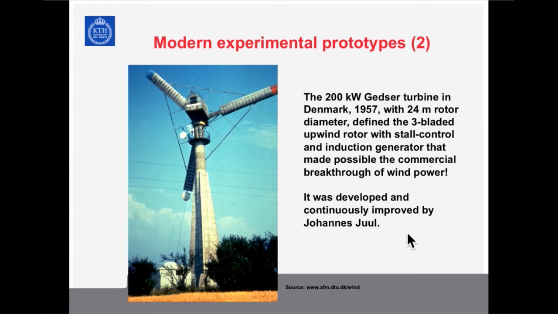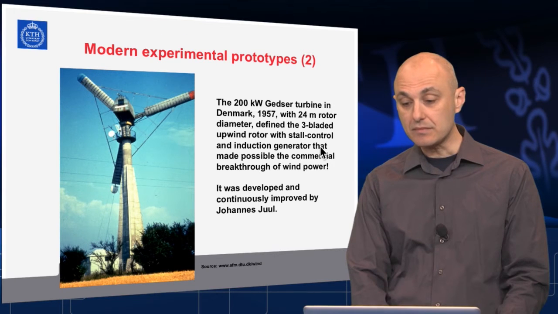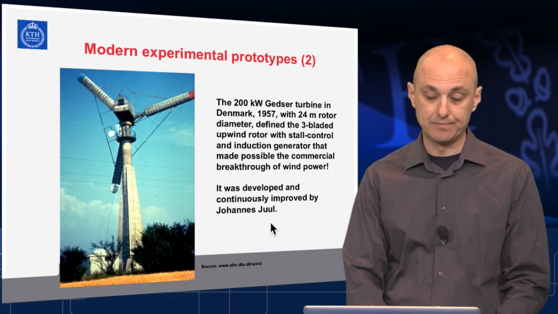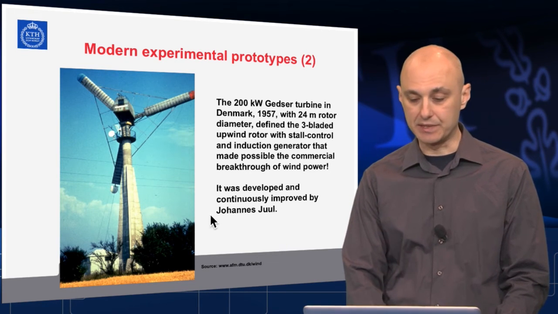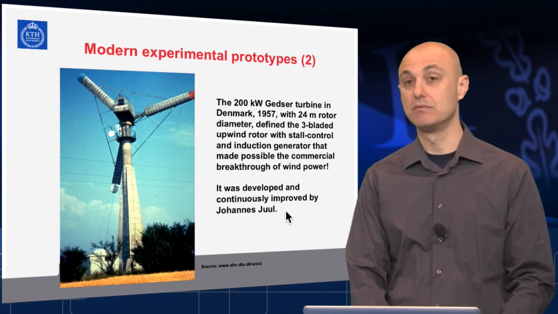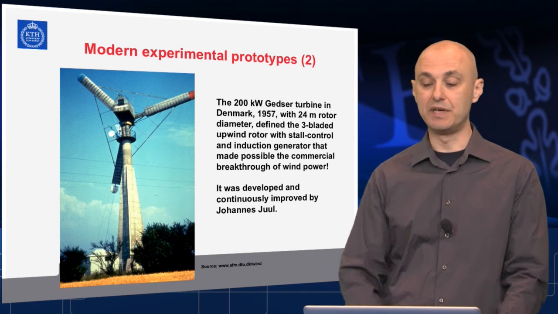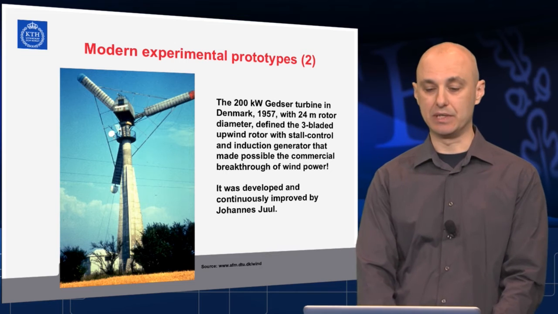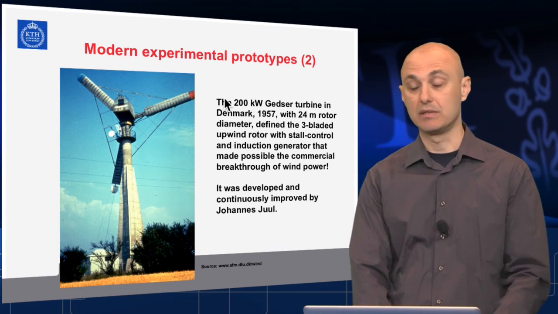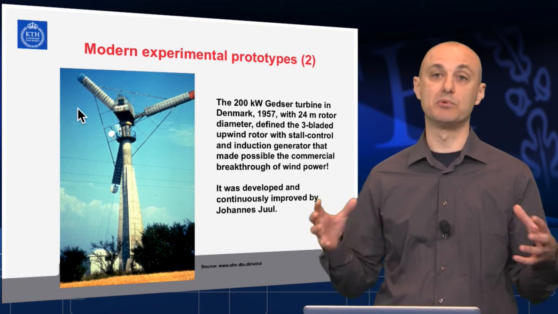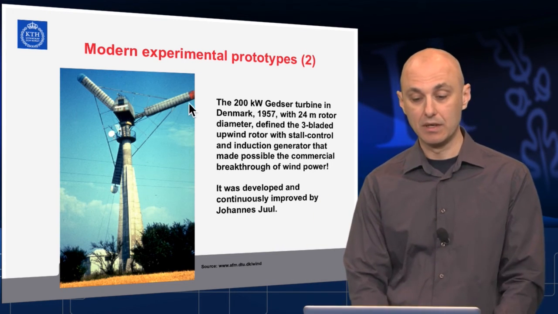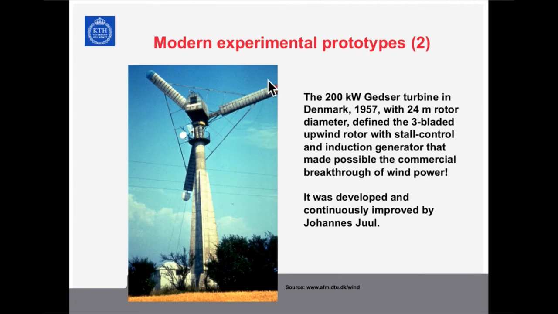Not that big, a 200 kilowatt turbine in Gedser in the southern tip of Denmark with a 24-meter rotor, developed by another iconic and peculiar Danish name, Johannes Juul, who was a utility engineer and was very well schooled in aerodynamics and grid connection and power engineering, everything that was necessary to put together a modern wind turbine. You can easily notice now the very properly engineered blades.